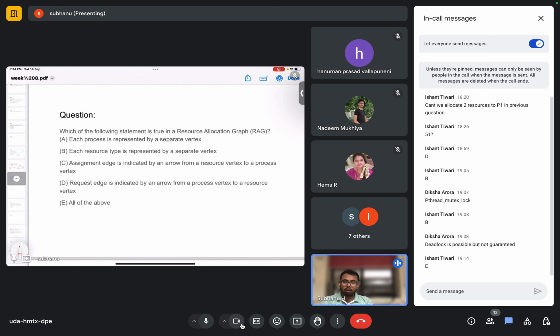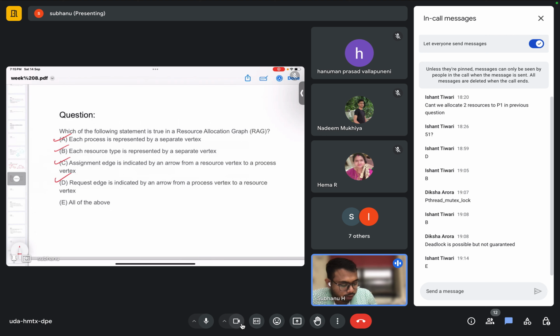So I have just shown you about the resource allocation graph. Yes, all of the above is true.